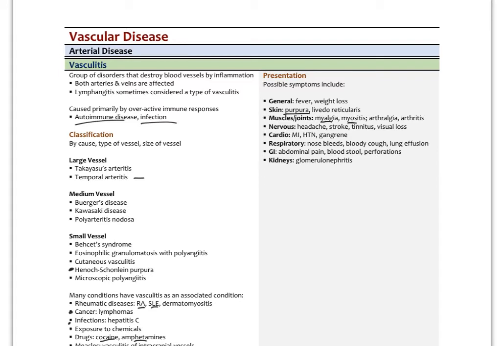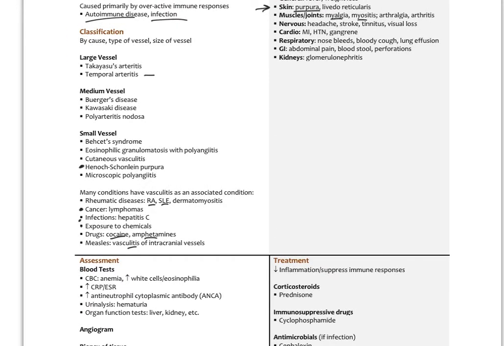So it's very generalized this way. But the main thing is we're going to see on the skin some sign usually of petechiae, purpura, and so forth developing. There might be in the respiratory system nosebleeds, bloody cough, abdominal pain, blood in the stool, in the kidneys, glomerulonephritis. So it can affect different organs differently. And again, each one would present in its own unique way.